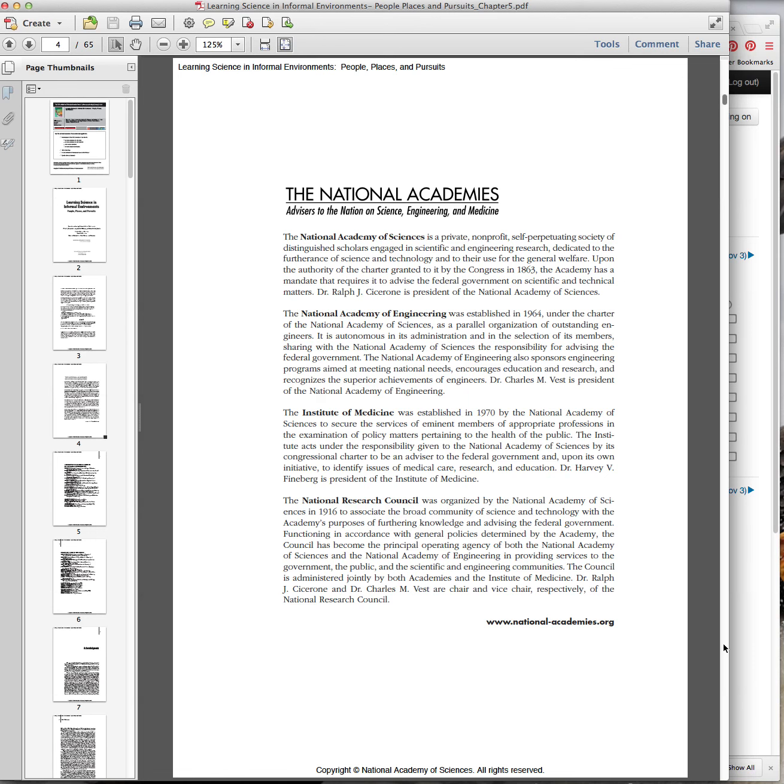This is not an easy to read report, and it is long, so I'm going to do a very thorough reading guide for you. This is also not an easy to digest reading, where it has lists that summarize their important points. So I'm going to go through pretty carefully and tell you when I want you to make your own list so that you are summarizing these important points.